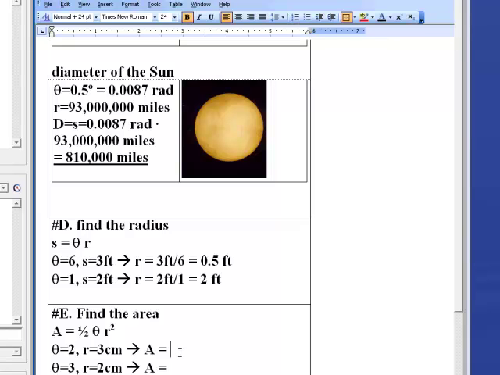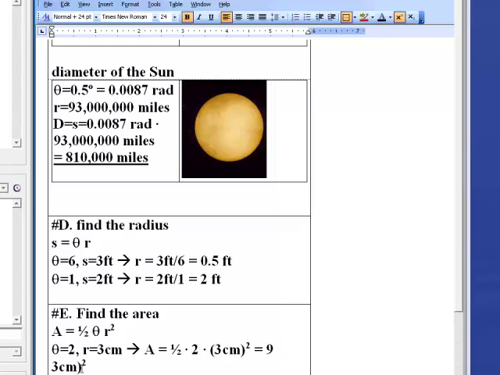So here we would put 1/2 times 2 radians times 3 centimeters squared. There we go. And again, I'll do it on the side. Well, I can do this in my head. It's going to be 9 square centimeters, right?